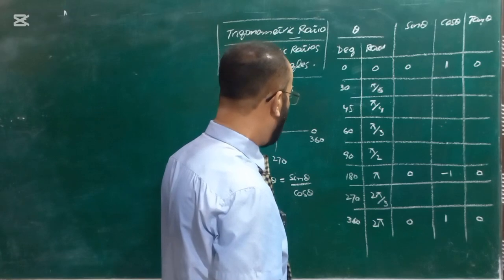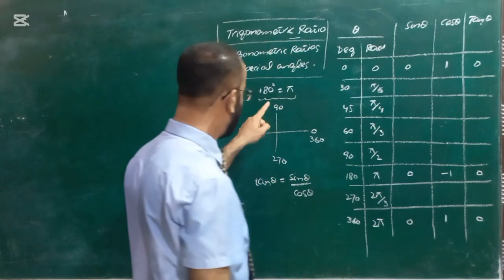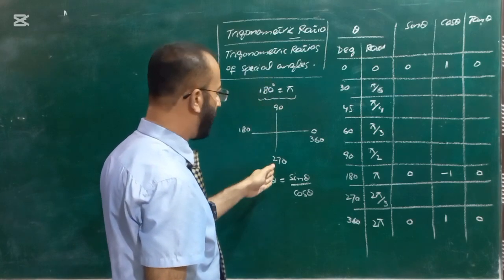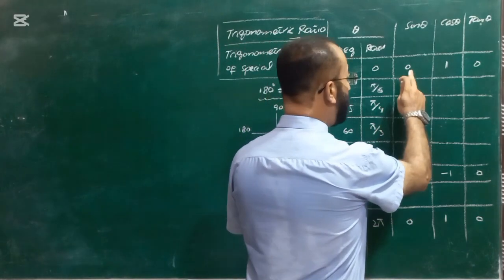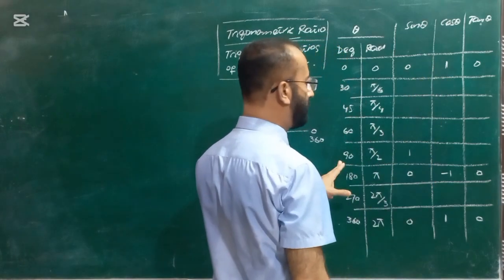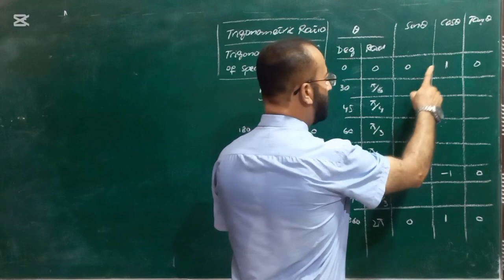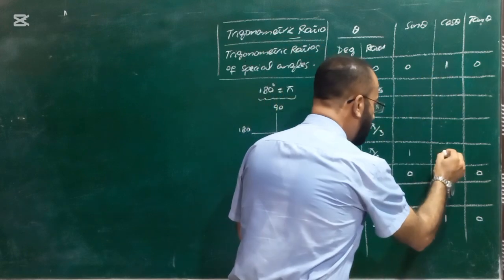Okay, now come to 90 and 270 degree, because 90 and 270 degree are on the y-axis. So look now, sine 0 is 0, but sine 90 is 1. Cos 0 was 1, but cos 90 is 0.